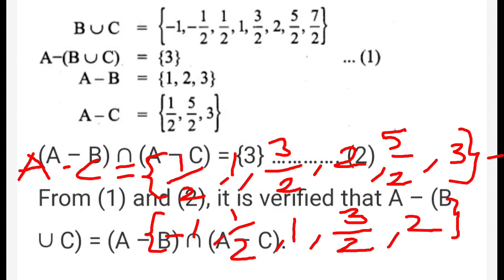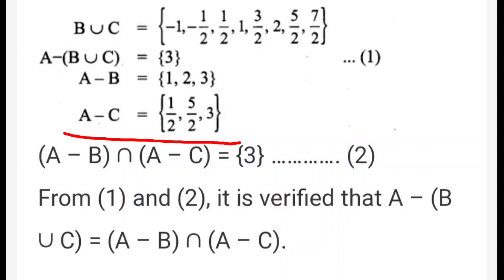And also A minus C is equal to {1 by 2, 1, 3 by 2, 2, 5 by 2, 3} minus {minus 1, 1 by 2, 1, 3 by 2, 2}. Therefore, A minus C is equal to {1 by 2, 5 by 2, 3}.